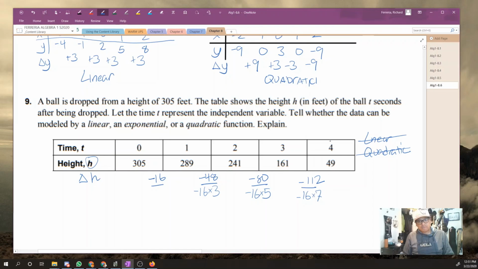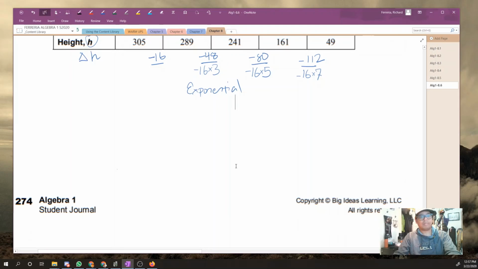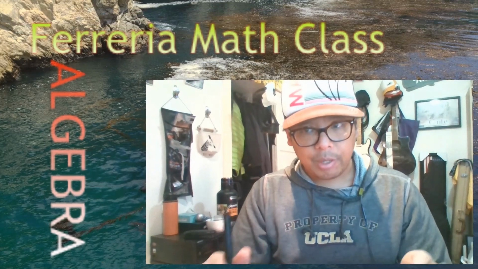Okay, so we seem to be always... So these differences in delta h, these are related through multiplication. So because they're related through multiplication, we're looking at a function that is exponential. So there we have it.